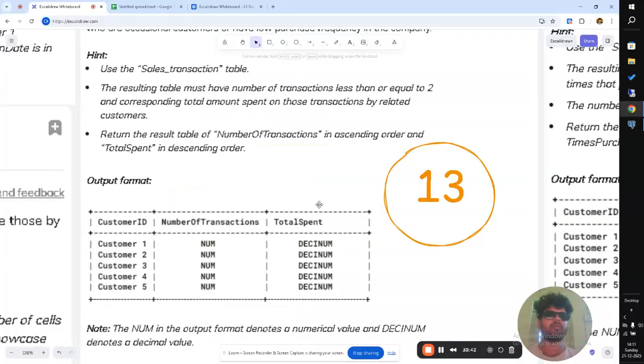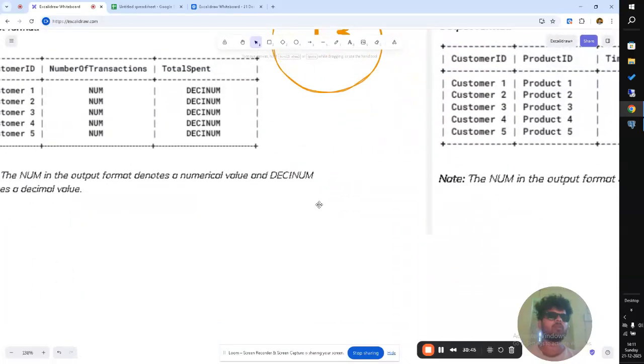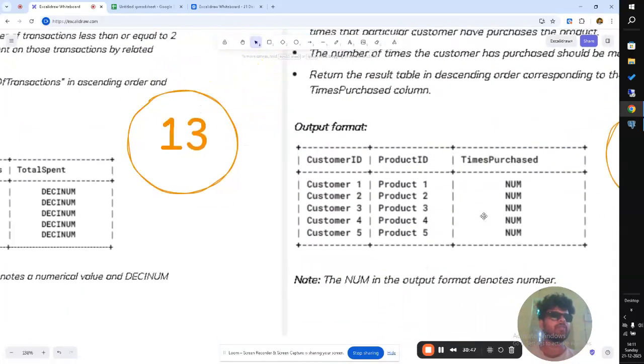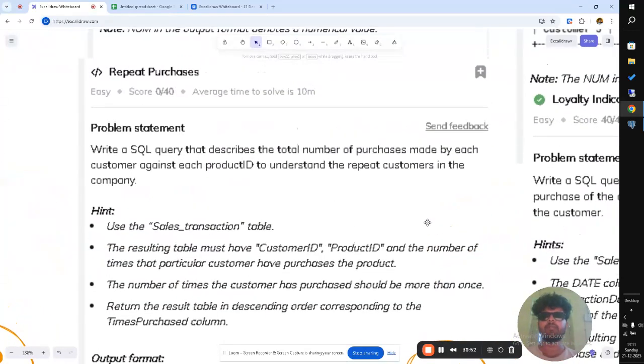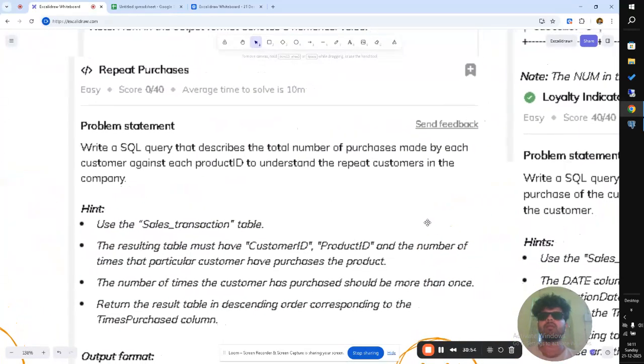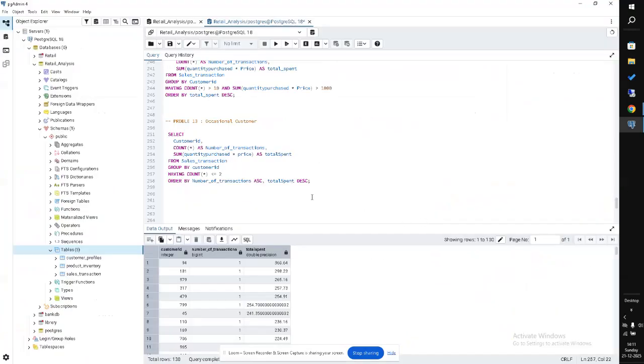Okay, really well. We solved the 13th. Now moving toward the 14th. Repeat purchases.